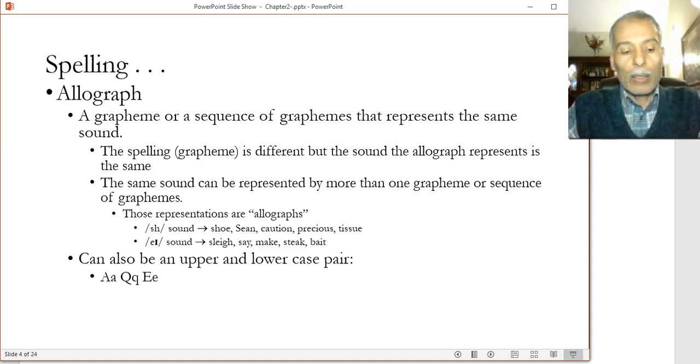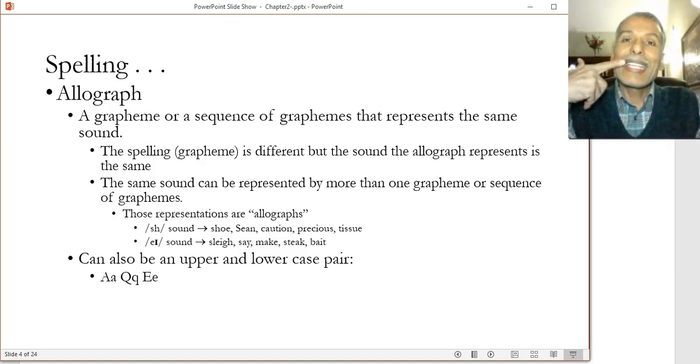Suppose that as an SLP, speech language pathologist, someone comes to you and says, Samantha told me to do this. And you know who Samantha is. But that person said that word this way, Samantha.